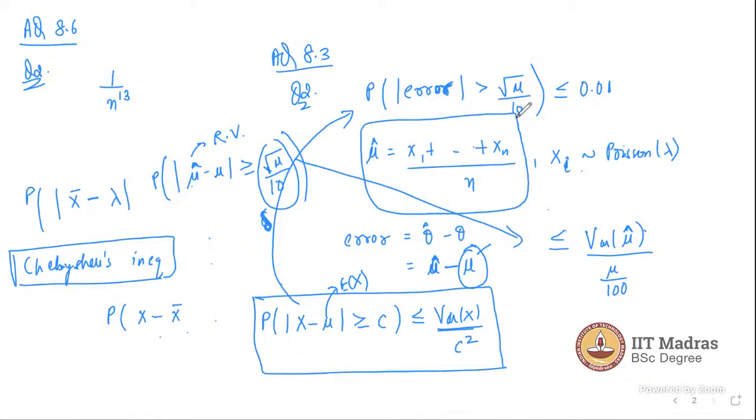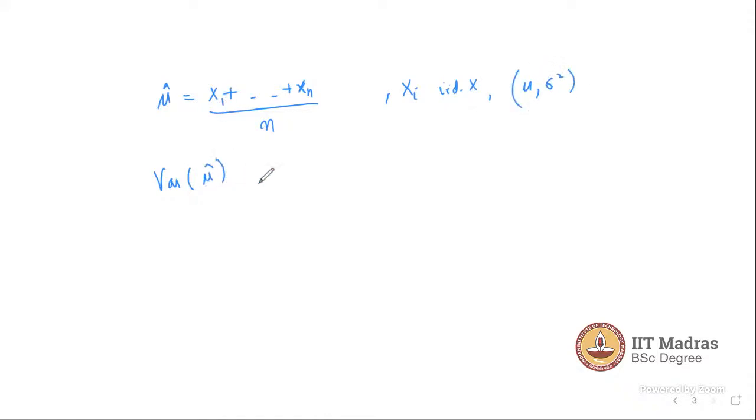So what is the property of variance? Let's say all these xi's are IID x, where mean is mu and variance is sigma square. If I have to find the variance of mu hat, how will you find it?